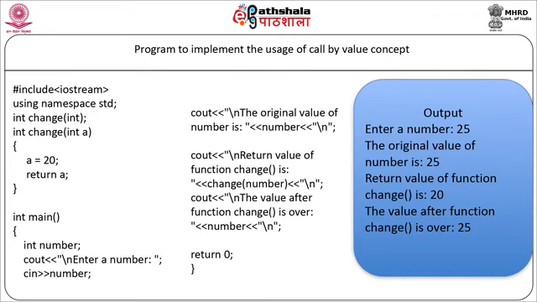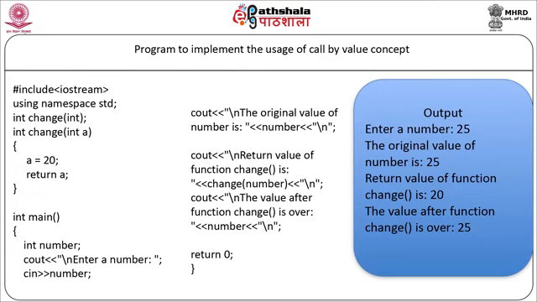When we come back to the main program, that change will not be reflected inside the main program. So our next statement will be the value after function change is over is number. So our number value is intact, that is 25. Here one thing you can notice is the function has made the change to the local variable inside the function, 20, and that change can be seen only inside the function.